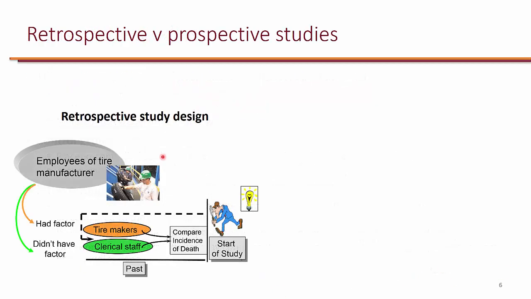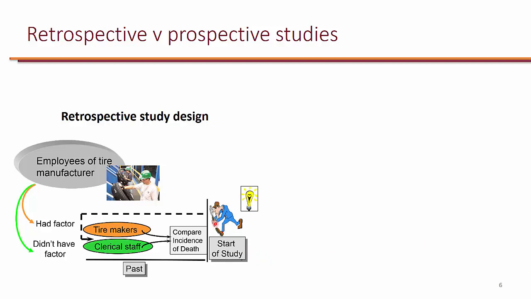Now, I mentioned that observational studies and cohort studies of risk can be retrospective or prospective in nature. Let's take a look at what that means. When we talk about retrospective, it basically means that when you start your study, you go back in time and look at what happened in the past to draw some conclusions.